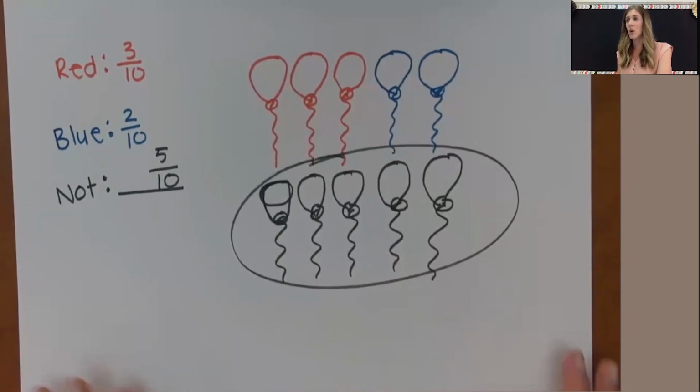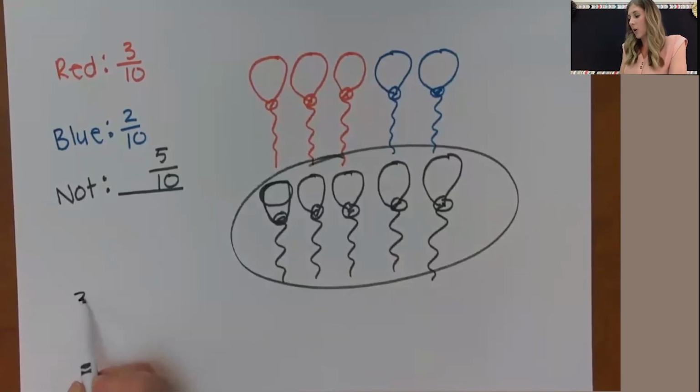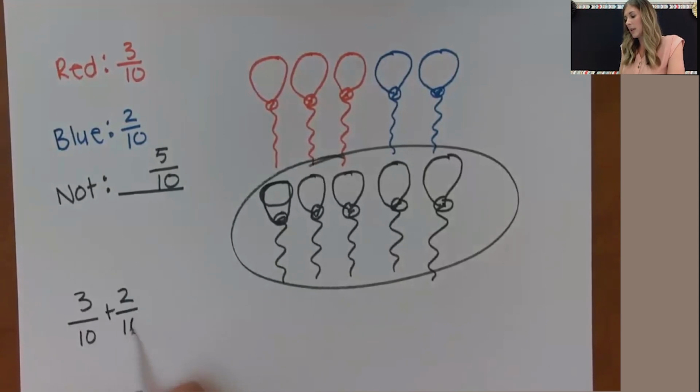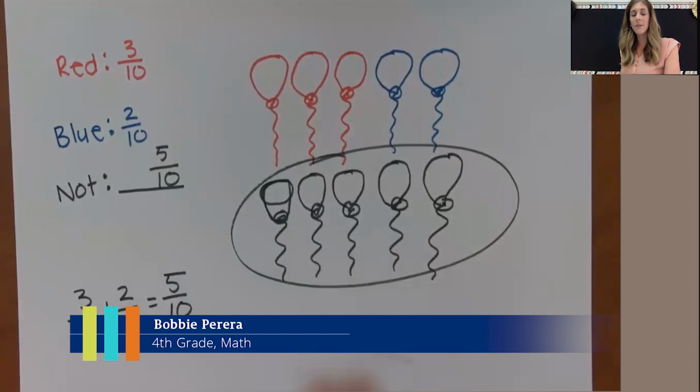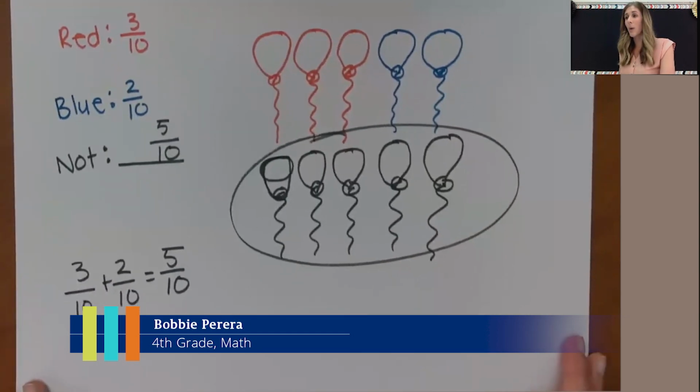This solution requires two-step addition. The first one, we have to figure out how many are red and blue. So we have to take our 3/10 for our red plus our 2/10 blue to figure out that a total of 5/10 of the balloons are red and blue.